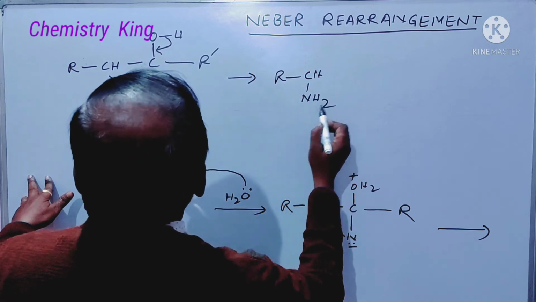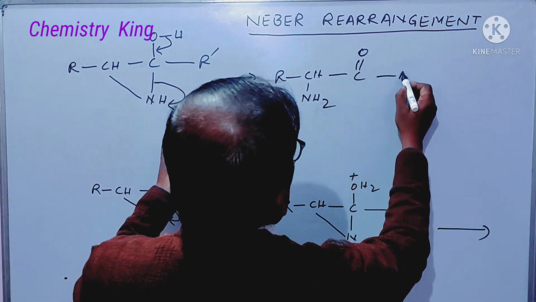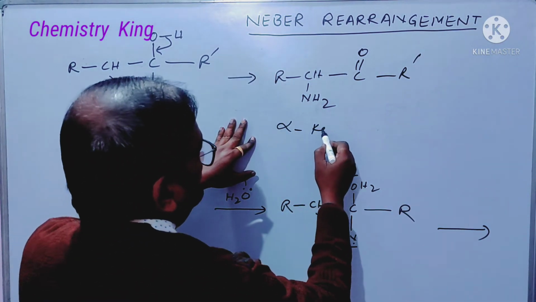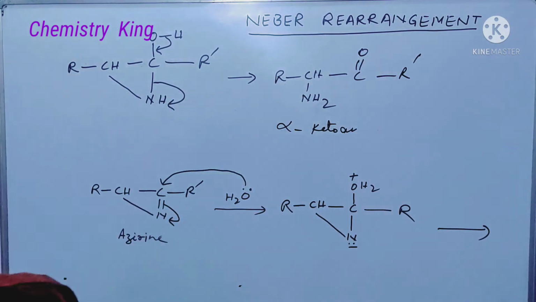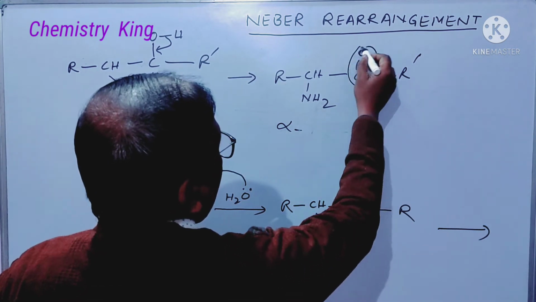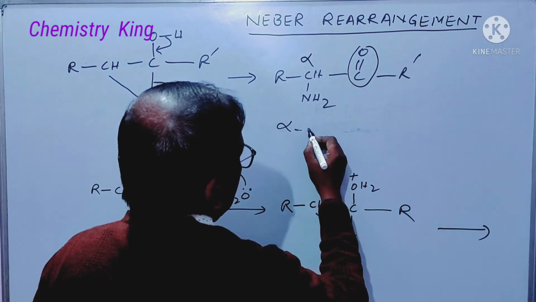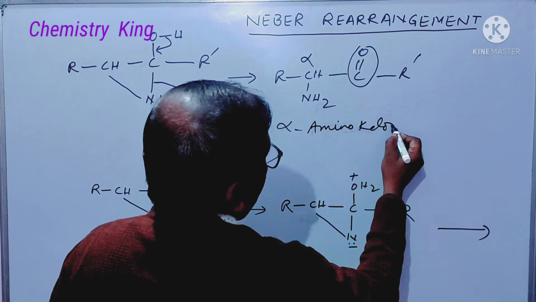You will get this C double bond O R dash. Friends, this is alpha aminoketone. This is the keto group, and with respect to this, it is the alpha carbon, and so it is alpha aminoketone.